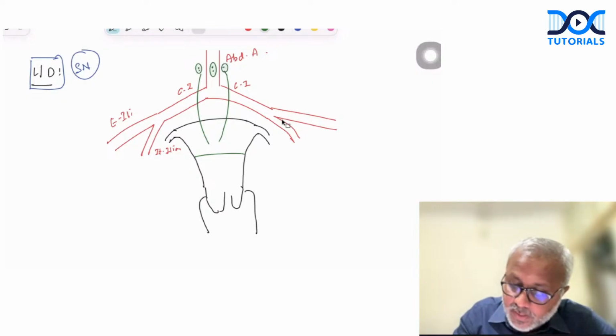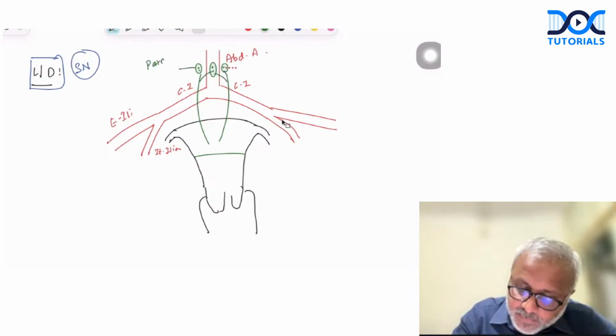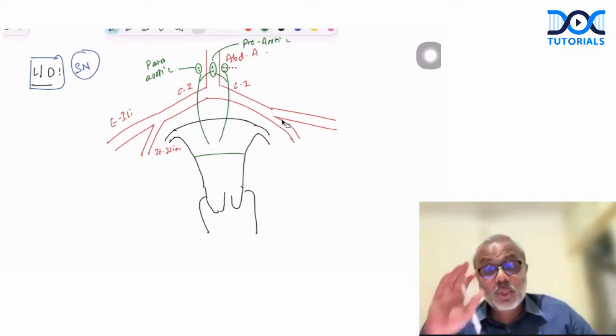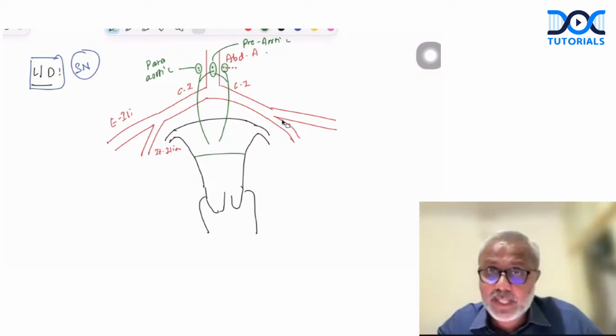So what exactly are these lymph nodes? This is para-aortic. And what about this? This is pre-aortic. This looks a complicated diagram, but once you start drawing it, it's very simple.